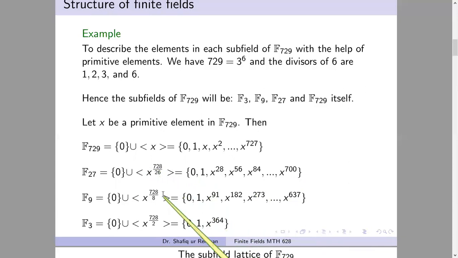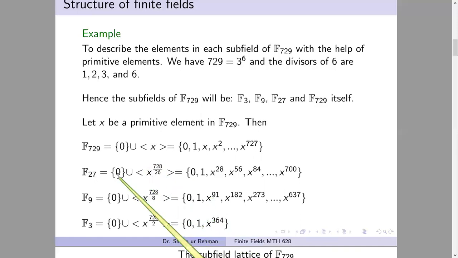So we need an element of order 26. x has order 728, so we divide 728 by 26, which equals 28.